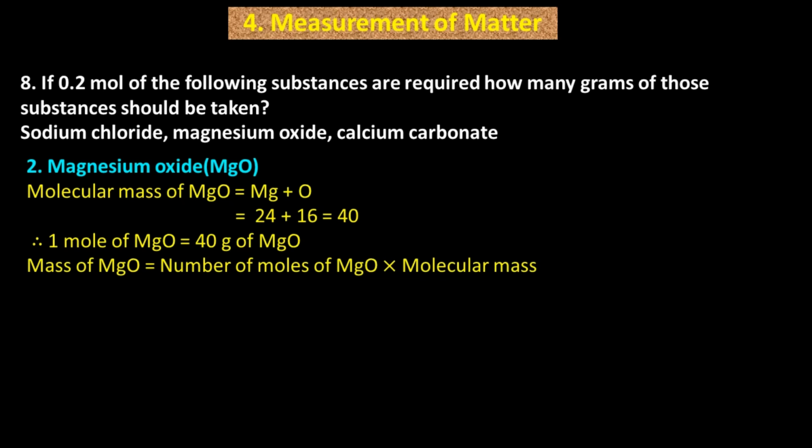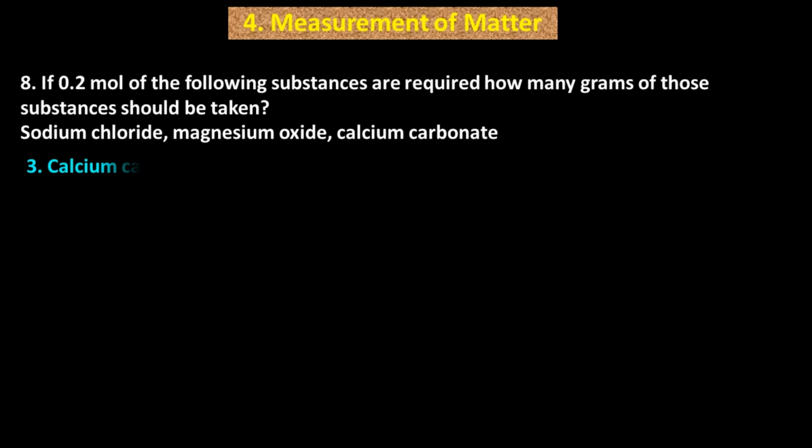Mass of MgO is equal to number of moles of MgO multiplied by molecular mass, 0.2 multiplied by 40 is equal to 8.0 gram. Therefore, 0.2 mole of MgO is equal to 8 gram of MgO. 3.